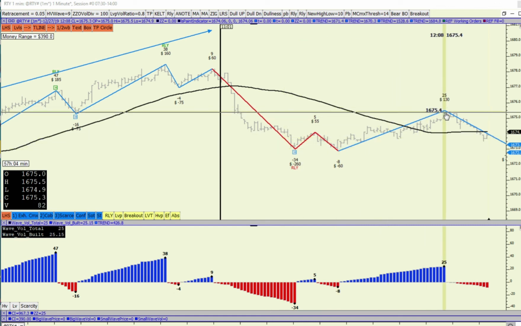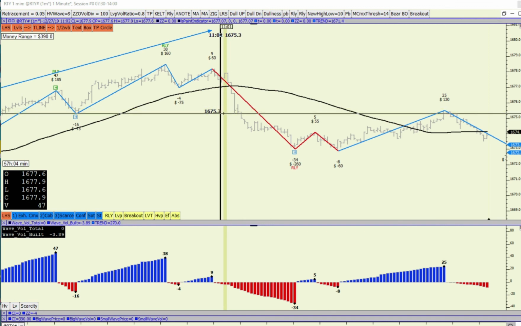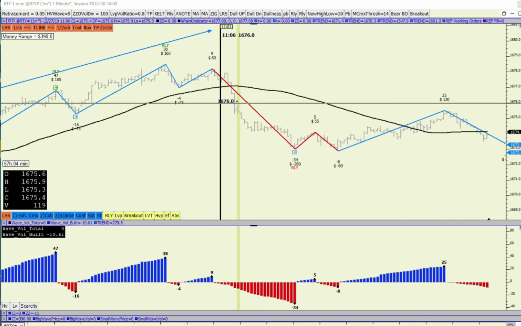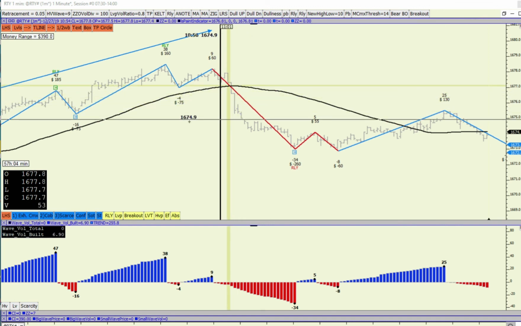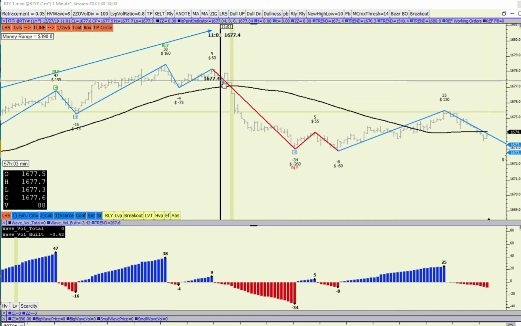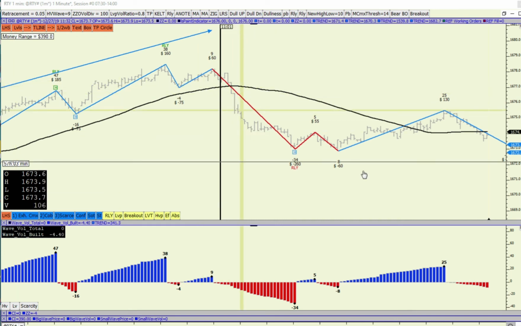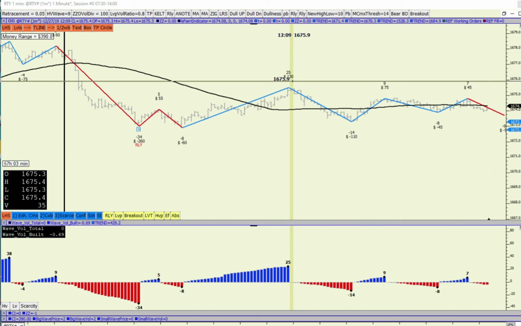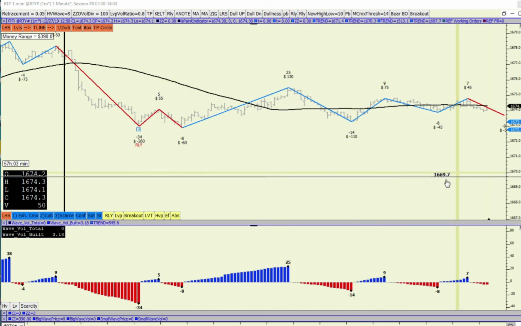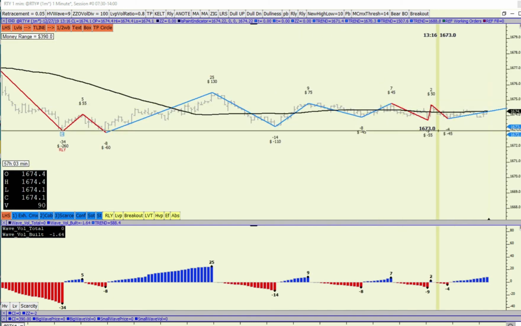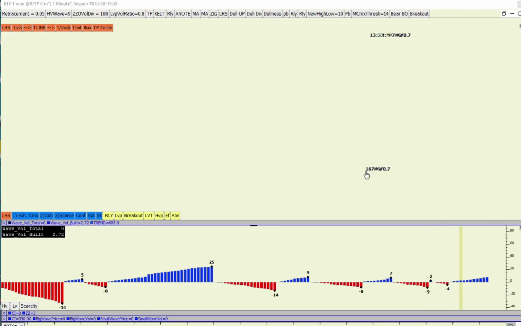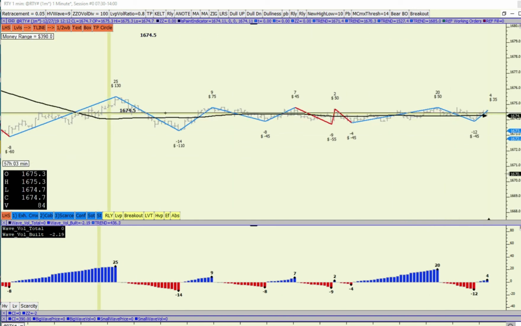So it tests to an area. I think this is a breakout right here against this level, one of these two bars. So it rallies, pulls back on 14, up on 9, down on 8, up on 700, down on 900, up on 2, down on 4. And it's just drifting sideways.